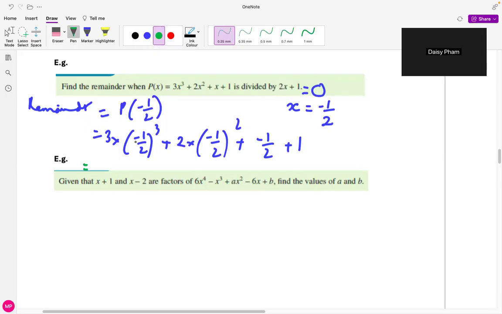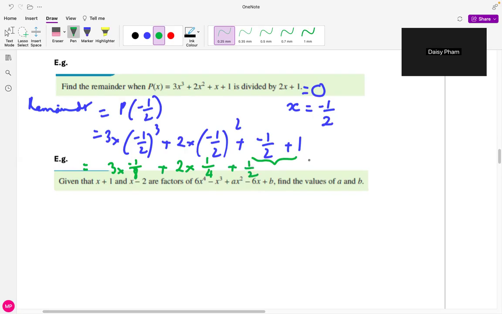Negative 1/2 cubed: negative 1 cubed is negative 1, 2 cubed is 8. So 3 times negative 1/8, plus 2 times negative 1/2 squared, which is 1/4, plus negative 1/2 plus 1, which gives positive 1/2.